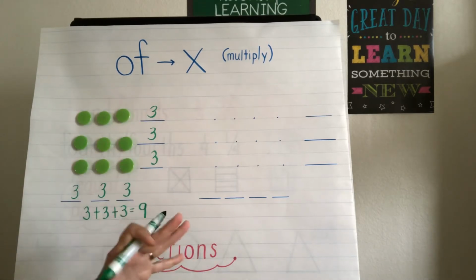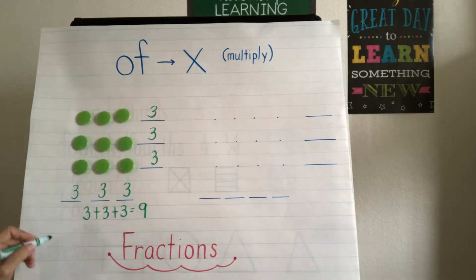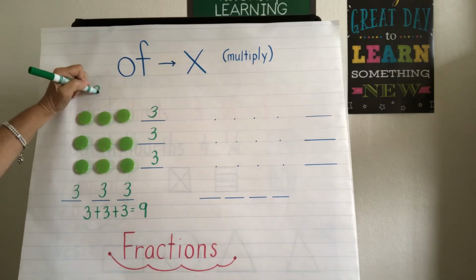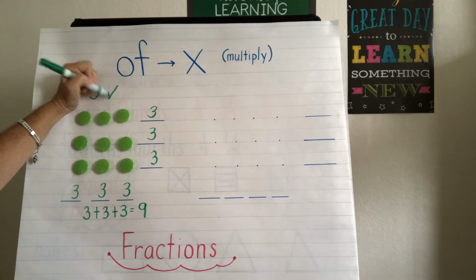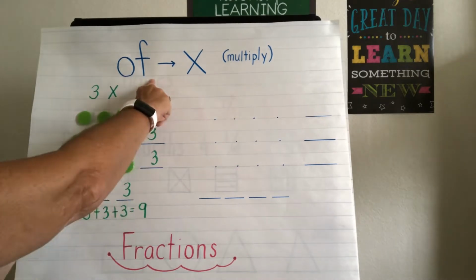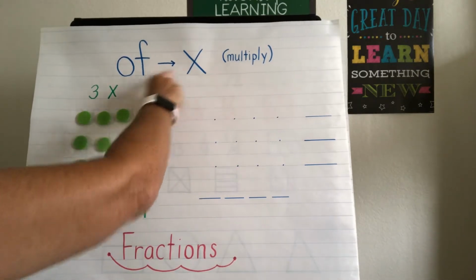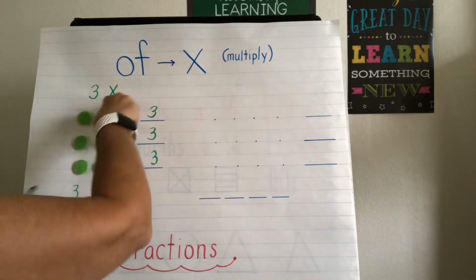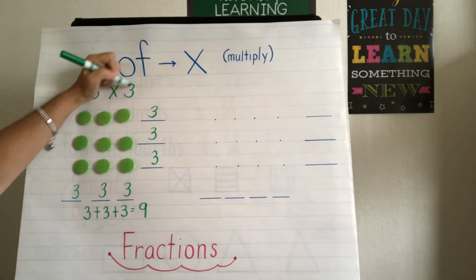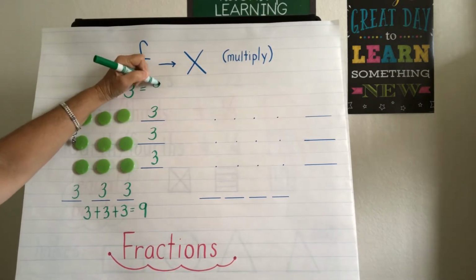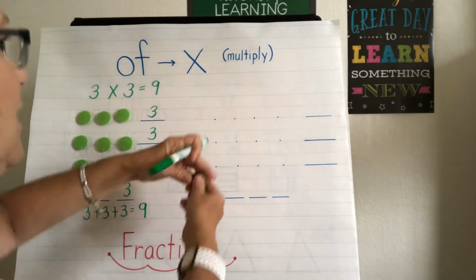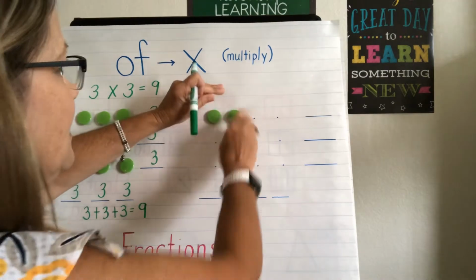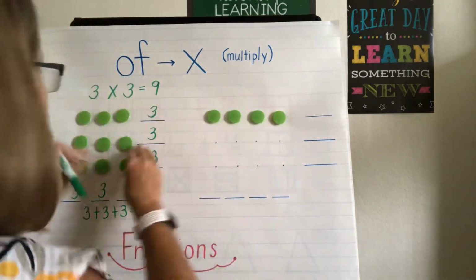So let's turn that into a multiplication problem. 3 sets of, I know that of means to multiply, so 3 sets of 3 equals 9. Okay, let's try it again. We're going to use some of these same magnets, and we're going to look at some different numbers.